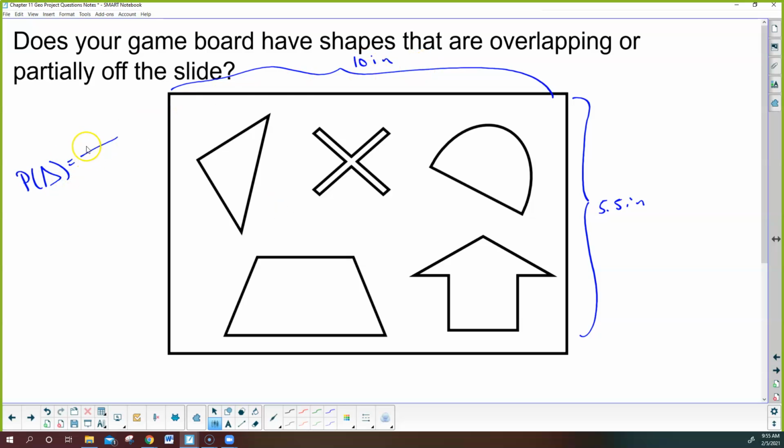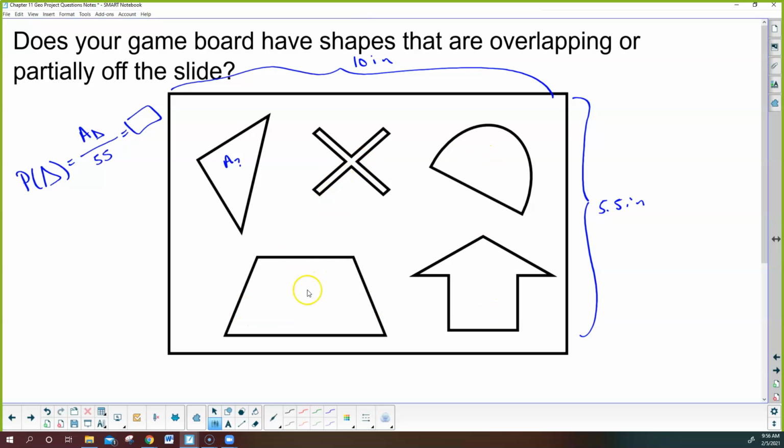I'd have to figure out the area of this shape using the length and width. So I do the area of the triangle over the total area, which is 10 times 5.5, and it's going to be 55 for everyone. And then that will be the probability for this target. Then you would do the same thing for this one, this one, this one, and this one.